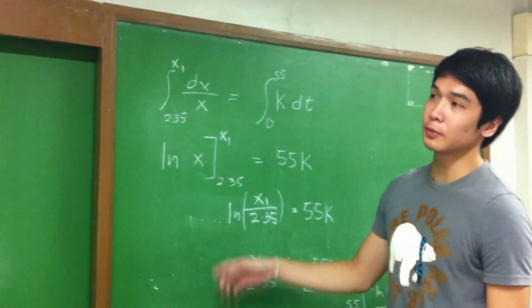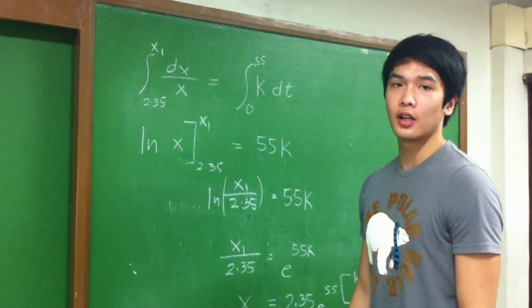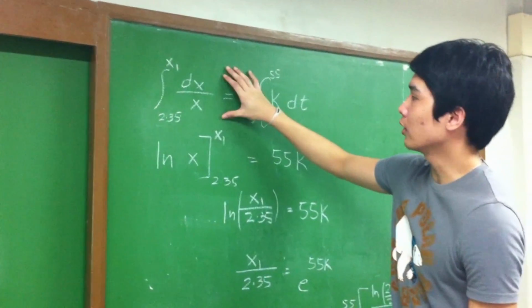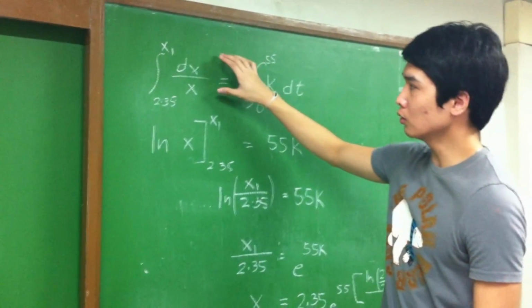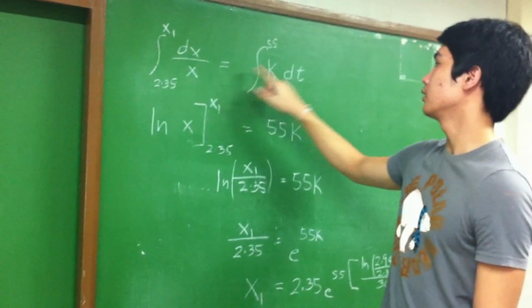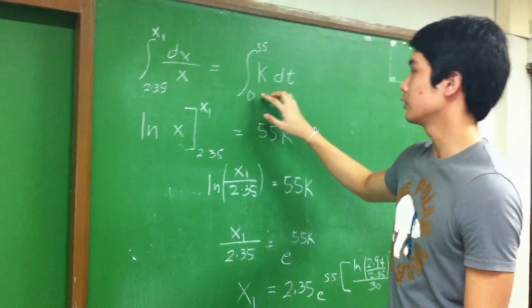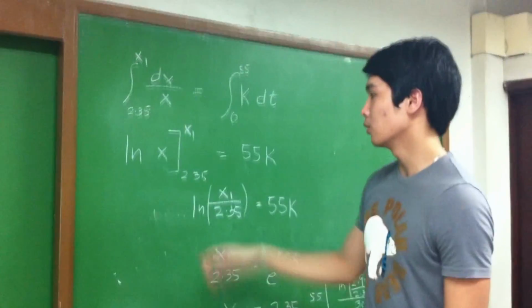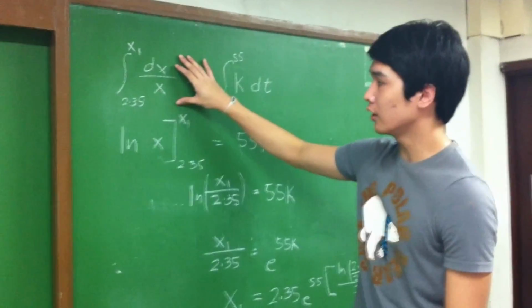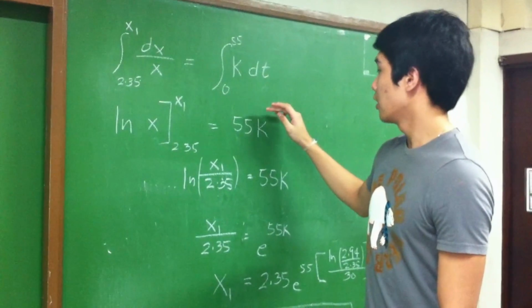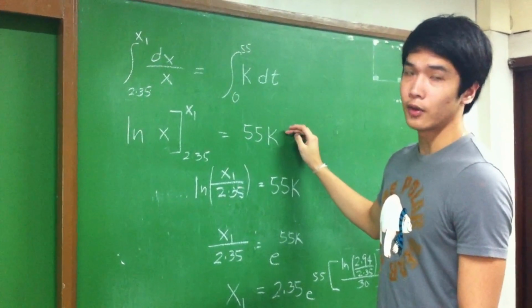Okay, to solve the first problem, which is the population in 1995, we will get this equation. Let's integrate dx over x and k dt, with the limits from 0 to 55 and 2.35 to x1. The integral of dx over x is ln x, and the integral of k dt is kt.